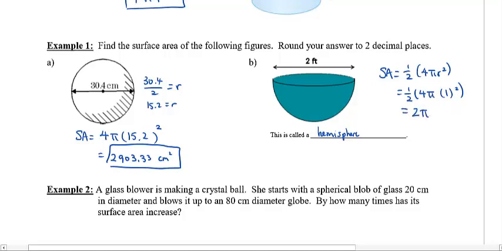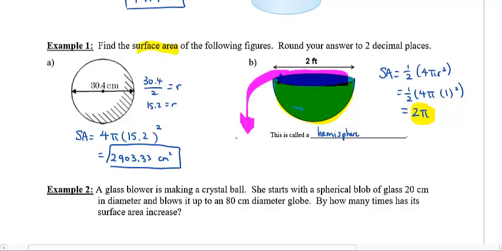And if you think that's the correct answer, whoa, careful. Find the surface area. That's all the surfaces you can touch. This 2 pi represents this part here. But you forgot that I can actually touch this piece that we cut. So you also need to find the area of that surface.